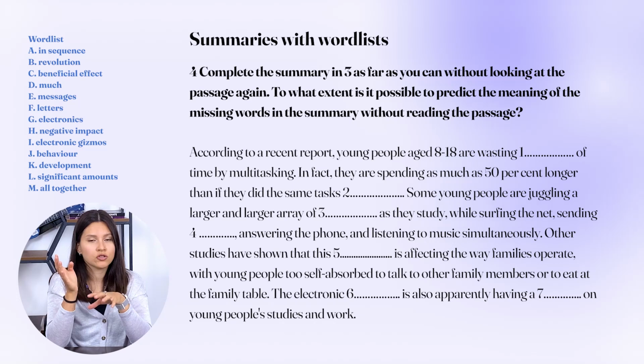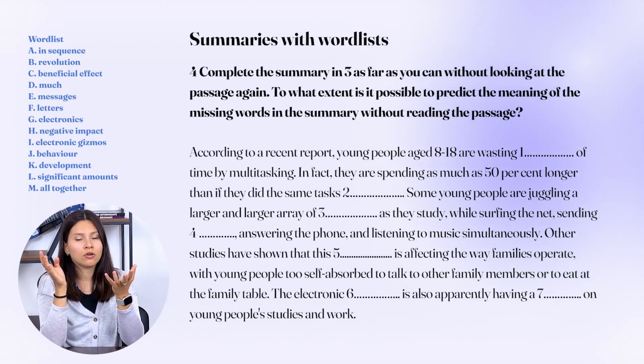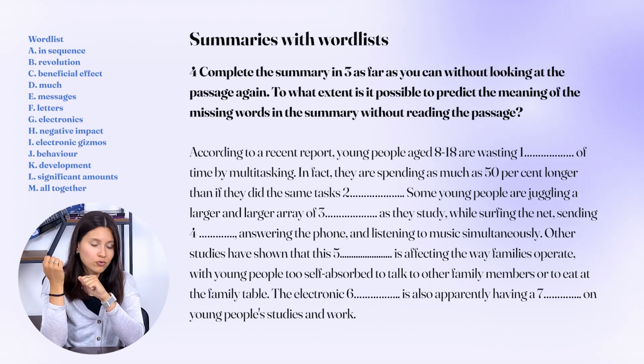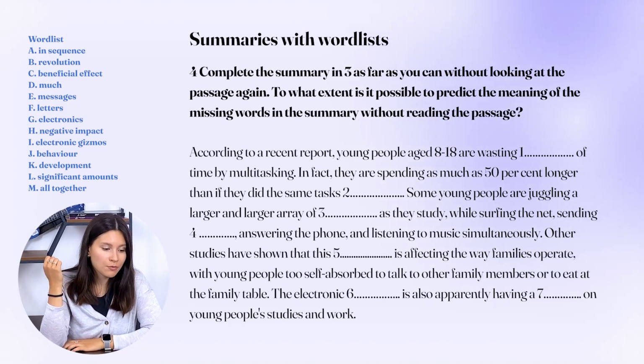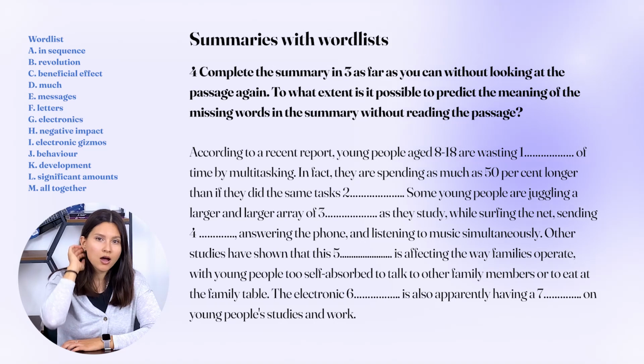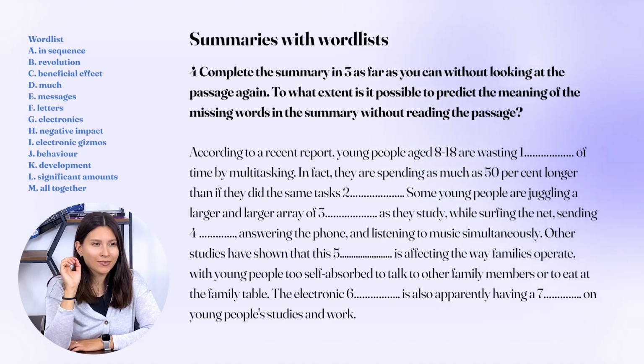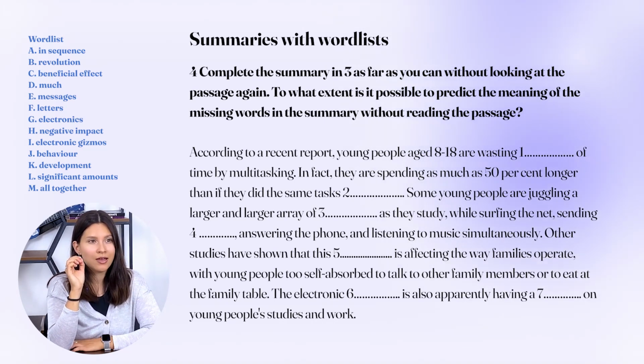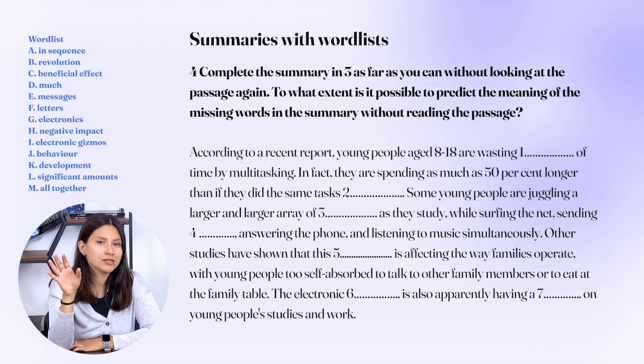In this case, you're able to only identify the word type. So it's not a verb, it's not an adjective, it's a noun. And the last one is also apparently having a blank on young people's studies and work. So we know that by reading the summary, drawing some conclusions, electronic gadgets are considered to be having a negative effect on young people, right? Like the overall idea. So probably this is going to refer to something negative.